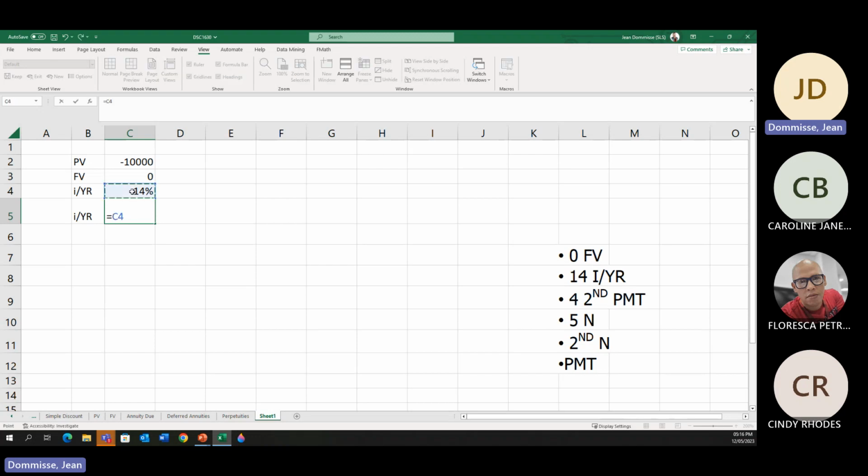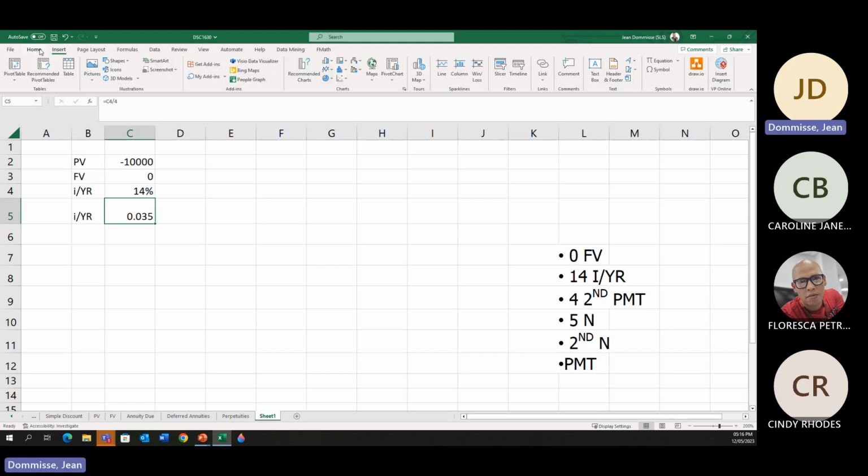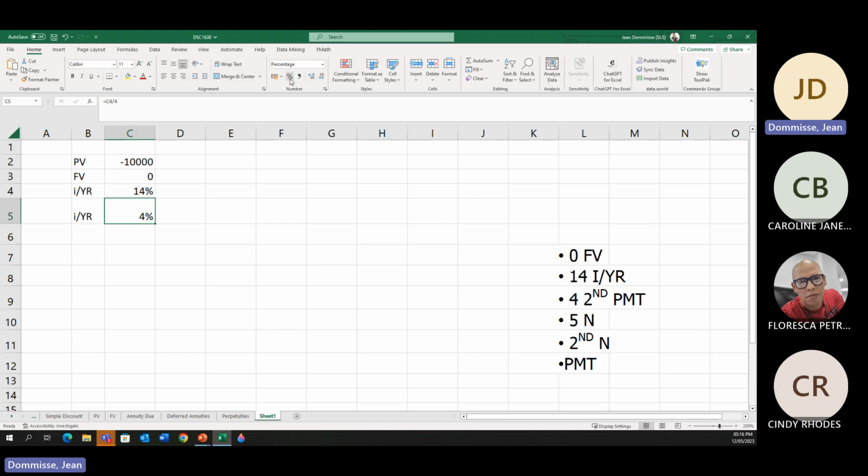Just remember that. I hope you make it a percentage, but it is already set up for you that way. What else do they tell us? They tell us equal quarterly payments over 5 years.